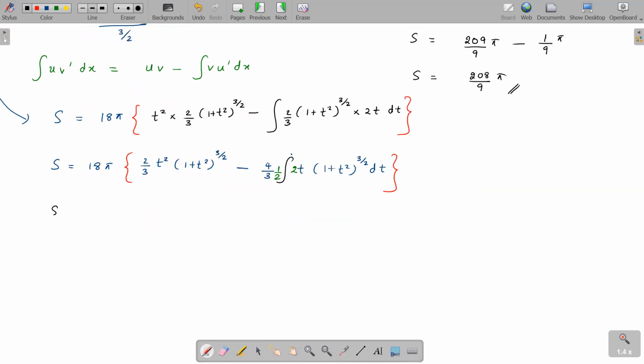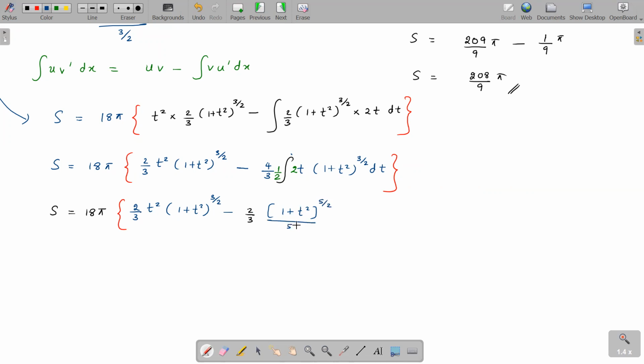Write down the sum. S equals 18 pi times 2 over 3 t square, 1 plus t square to the power 3 over 2 minus 4 over 3 into half is 2 over 3. So shall we integrate now? When you integrate, add 1 to the power, right? F(x) to the power n plus 1. So 3 over 2 plus 1 is 5 over 2.